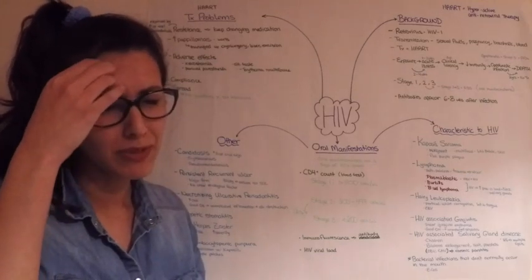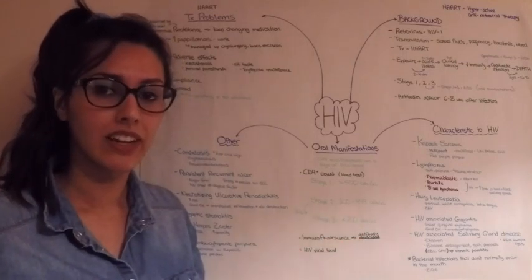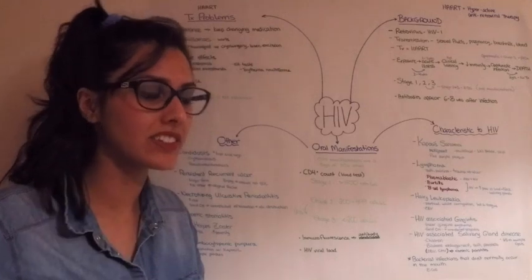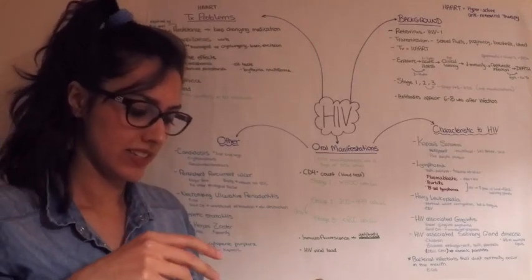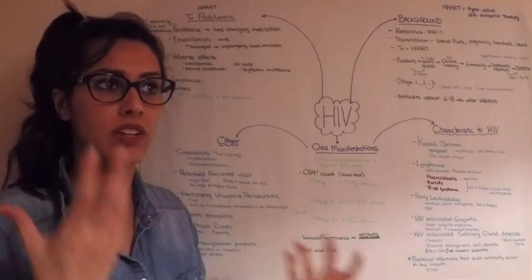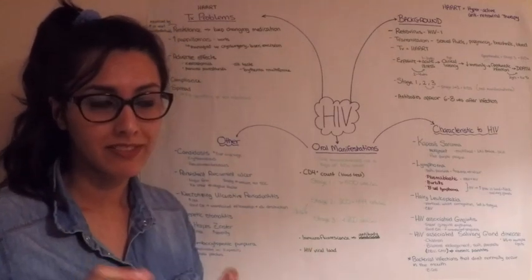Very few will go through a 25-year period, but the majority have this 8-year clinical latency. So clinical latency means what? You have a virus in you, but it's not showing any symptoms, but you are still infected.